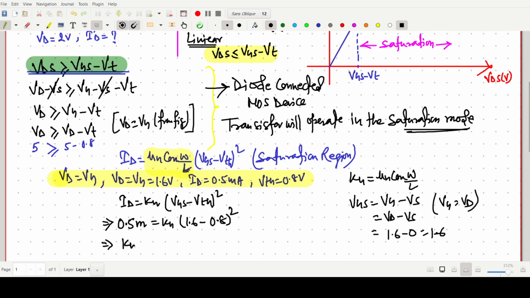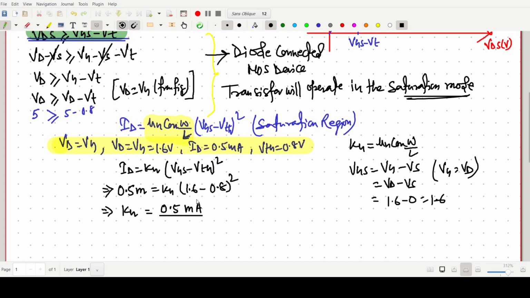So from this we can easily find Kn as 0.5 milliampere by, we can write 1.6 minus 0.8, so it should be 0.8 into 0.8 volt square. It is better to write the units also. If we solve, this point will be cancelled out, so one can write 5 by 8 into 0.8, and just cancel this 10, so milliampere by volt square.